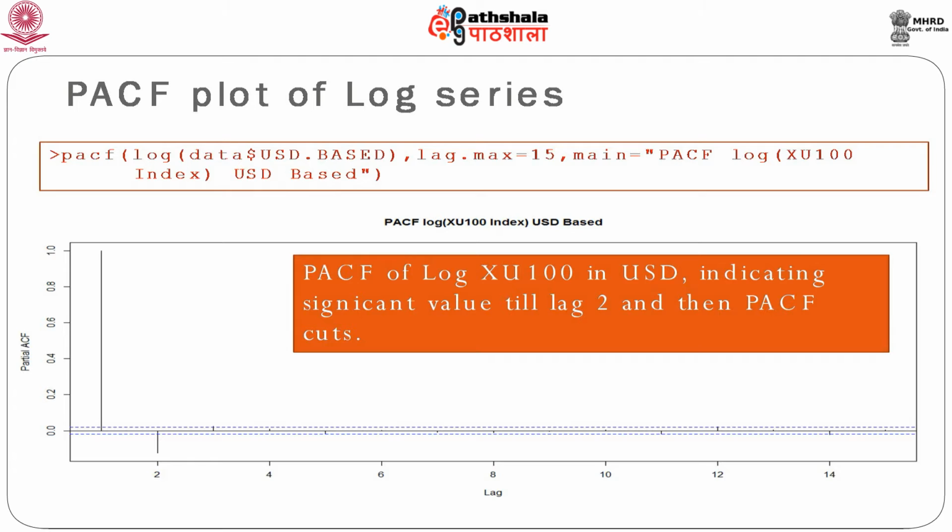If you observe, it seems that lag 1 and lag 2 are exceeding the significance line. So possibly 1 or 2 lags might be appropriate for the AR structure. So till 2 lags, and then the PACF cuts off. So as I mentioned.